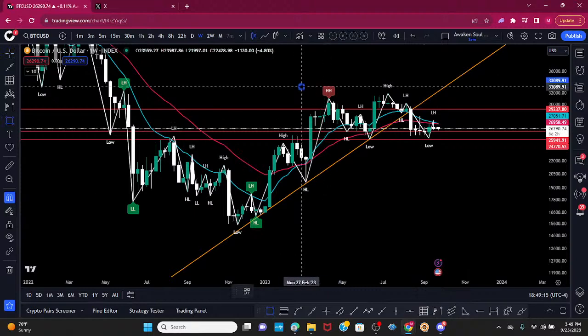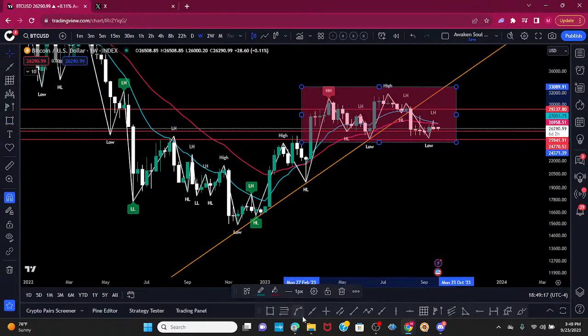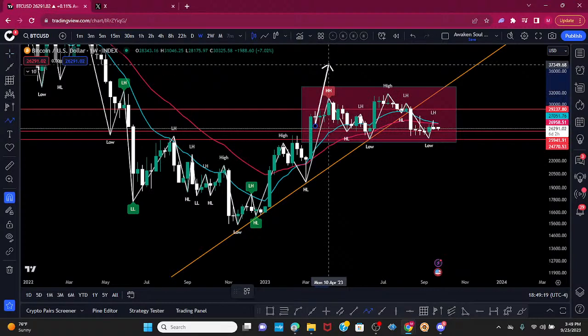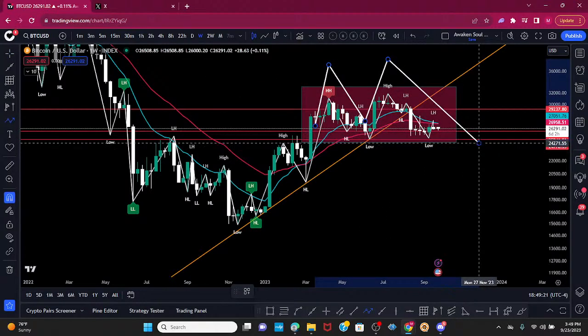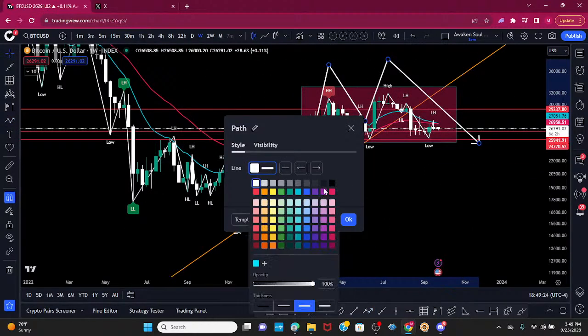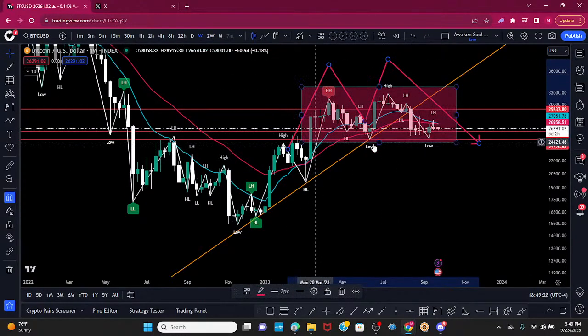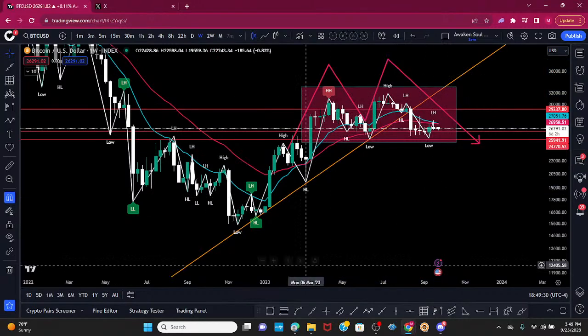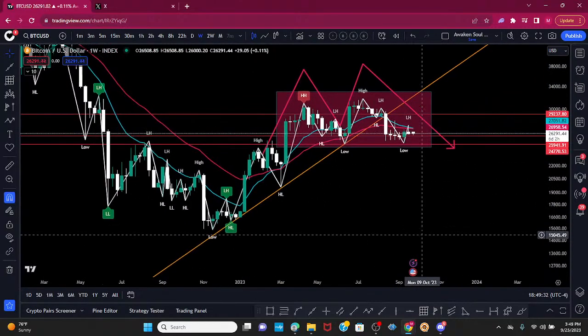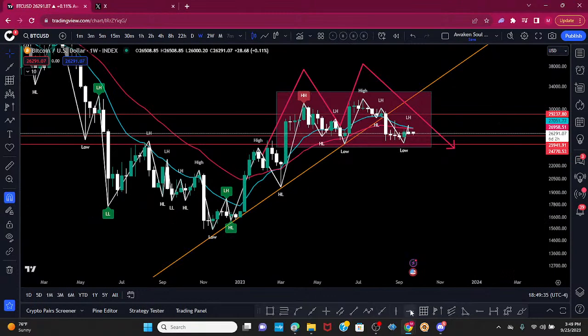And I also see this daily M structure that I've mentioned before. Something to be aware of just off the bat here.